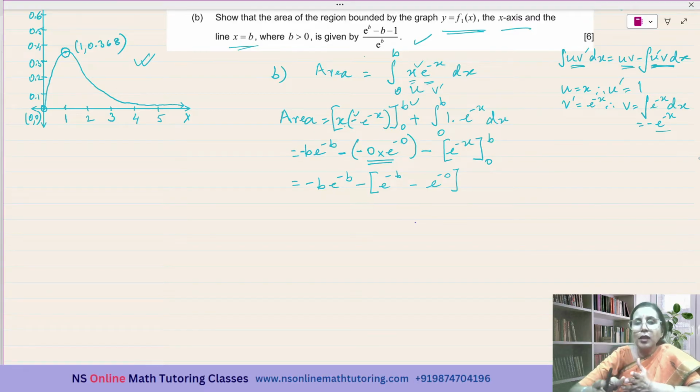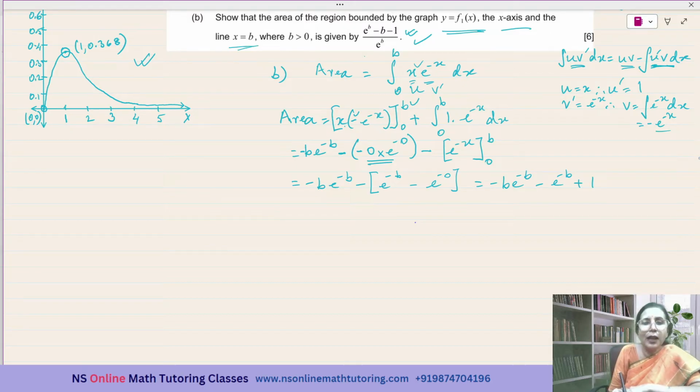Anything raised to the power of 0 is 1. Okay. So this can be written as negative b e to the power of negative b minus e to the power of negative b, and minus of minus is plus 1. Okay. But now we have e to the power of negative b in our expression, while the given expression has e to the power of positive b.